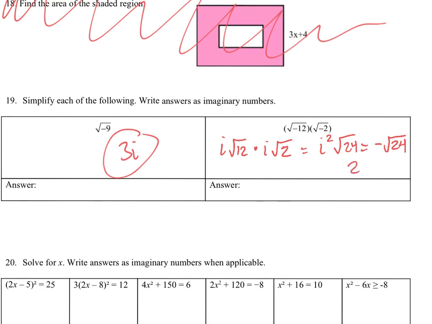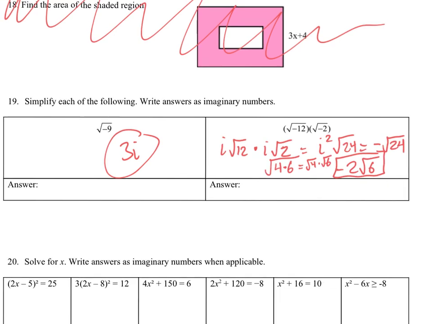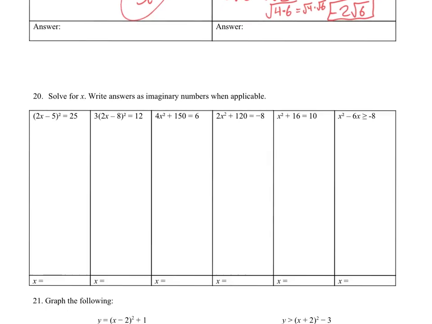So it's going to be negative 2 square root of 6, because 4 times 6, and the square root of 4 is 2, right? So that's that.